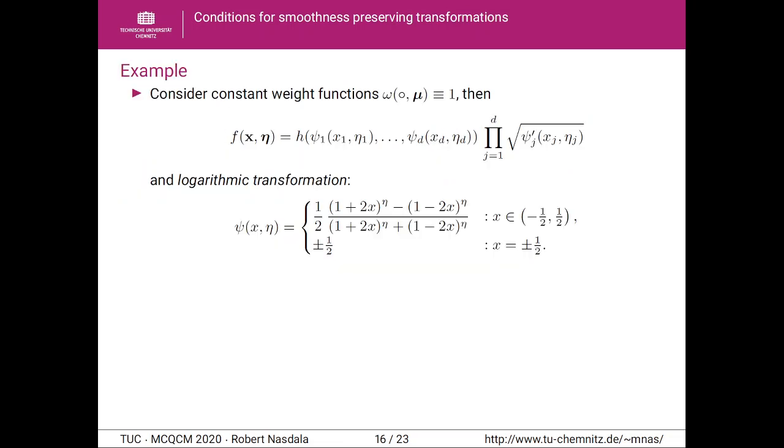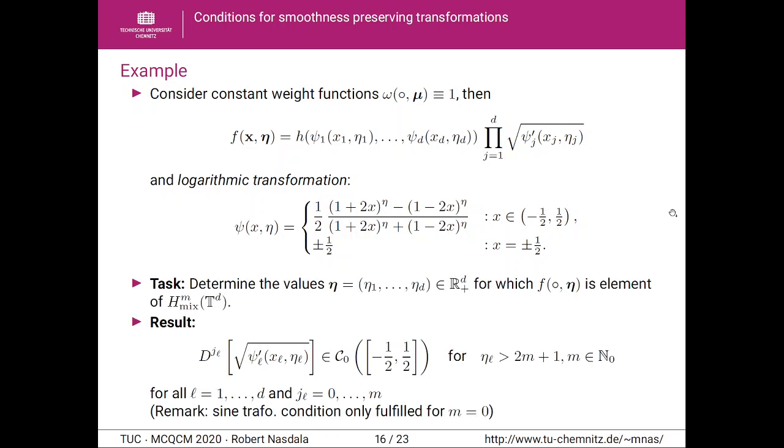And to show the effect of the parameter, let's calculate the concrete bounds for these parameters. So we consider now a simplistic case where omega is just 1, a constant function, and we take the logarithmic transformation from beforehand. And now the task is to determine the values eta such that this function is in H^m.